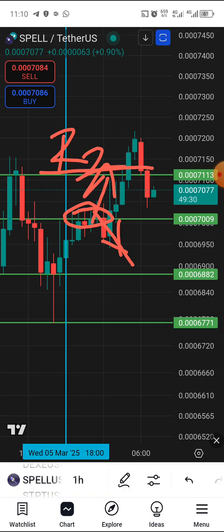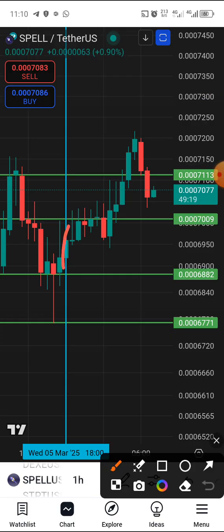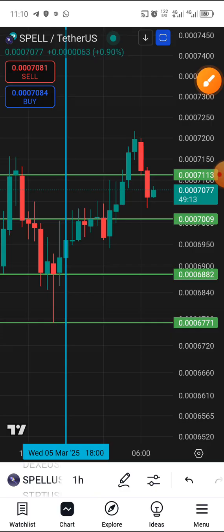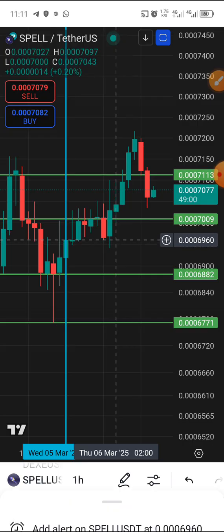So, how do you enter the trade? The moment this candle, where you see your vertical line, closes, then it is the right time for you to make your entry, meaning you will enter at this point here.